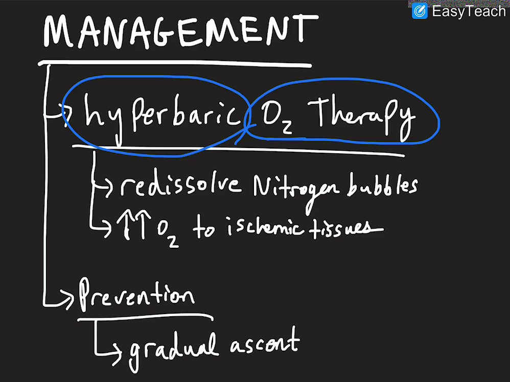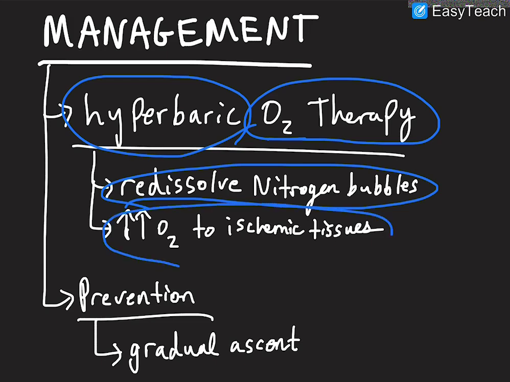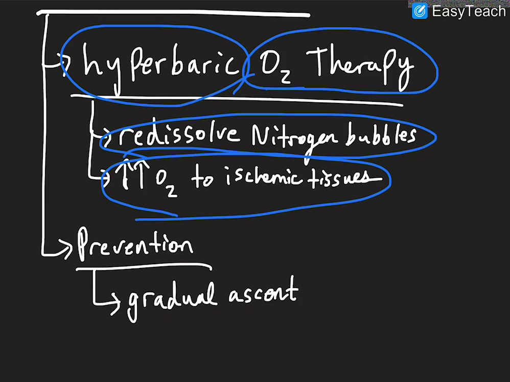So hyperbaric oxygen therapy: a high partial pressure of oxygen in a hyperbaric environment to help redissolve the nitrogen bubbles, and to increase oxygen levels in the blood, because you don't want your tissues to continue being deprived of oxygen.